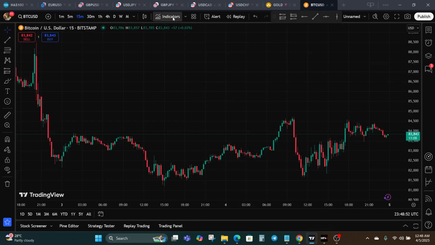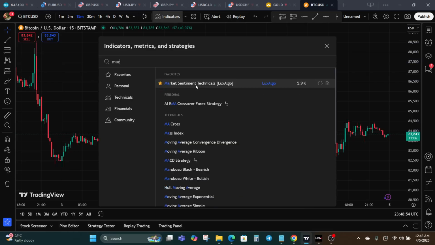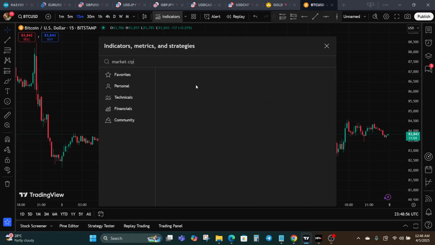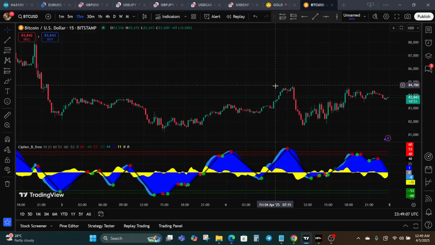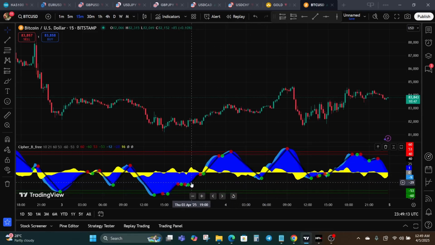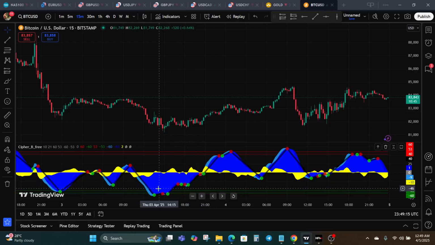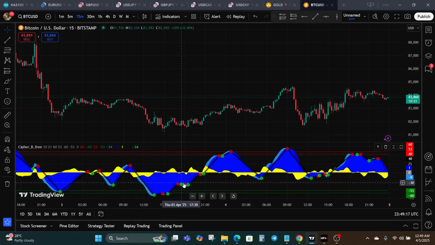Okay, so we're going to be starting with the Market Cipher B, right? So this tool is all about momentum and money flow. It gives a visual display of blue and yellow waves that show you when momentum is increasing or fading.